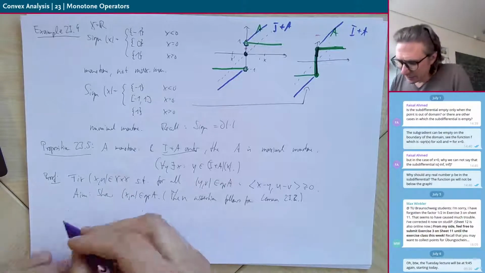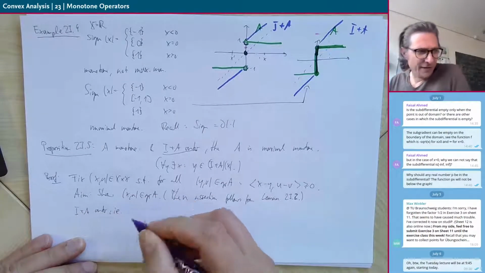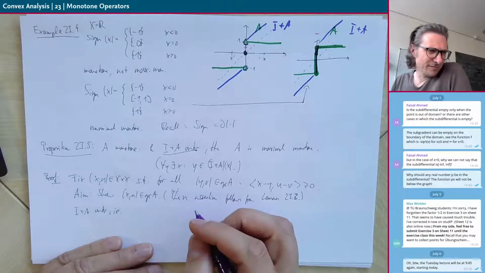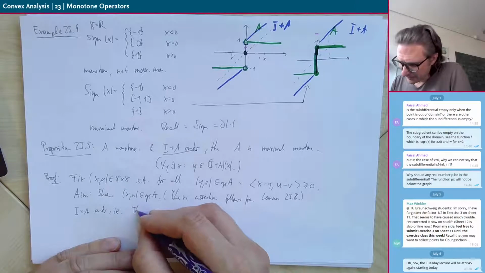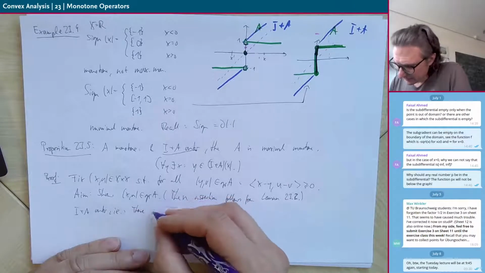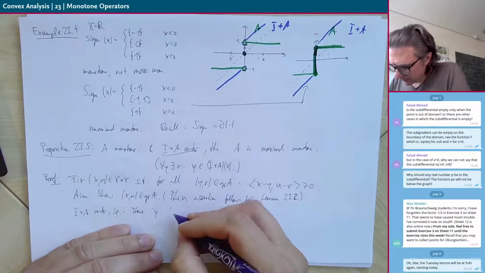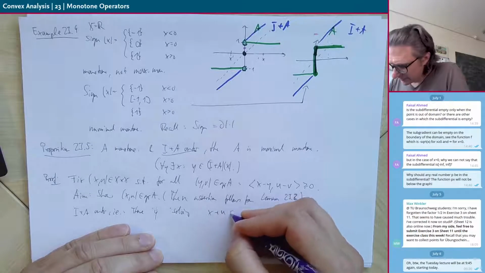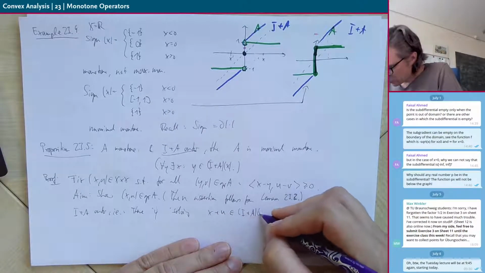But now we have I plus A is onto, and that means there is a y solving the following inclusion. x plus u is an element of identity plus A y.